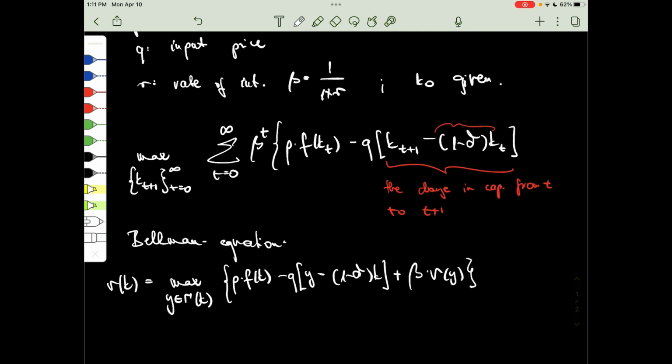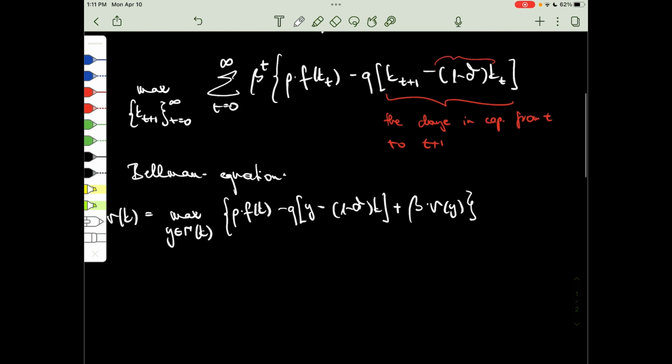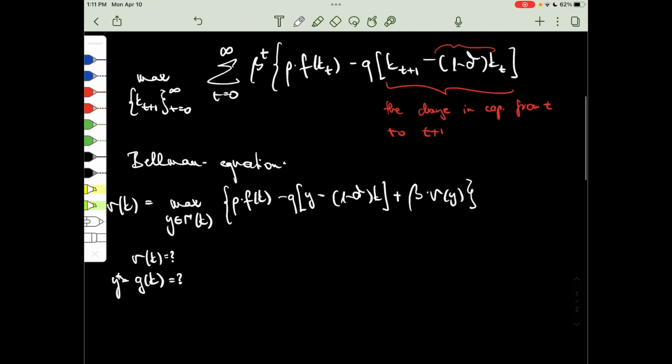So this is the Bellman equation, and we are supposed to solve this Bellman equation to find the value function and to find the optimum policy function. First, we need to choose the appropriate strategy to solve the Bellman equation.